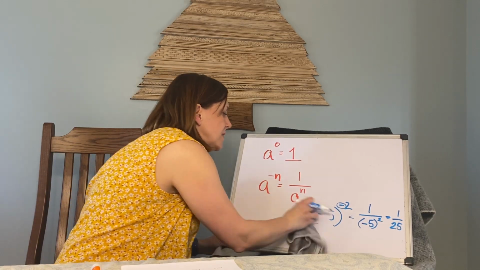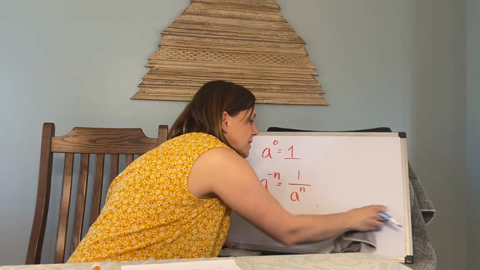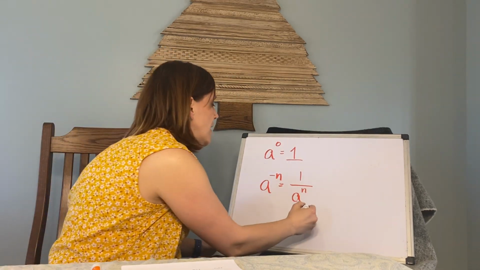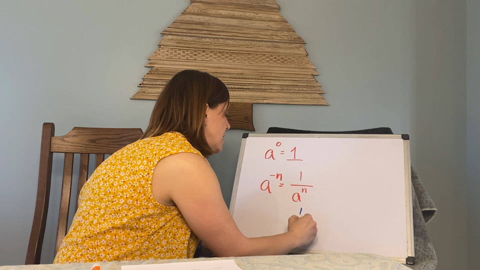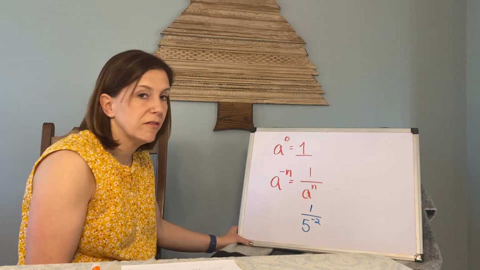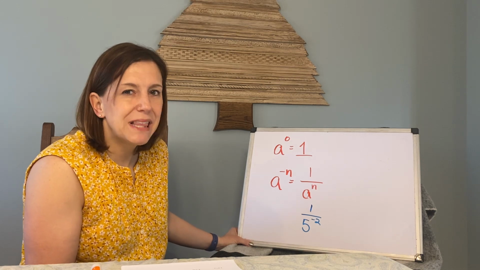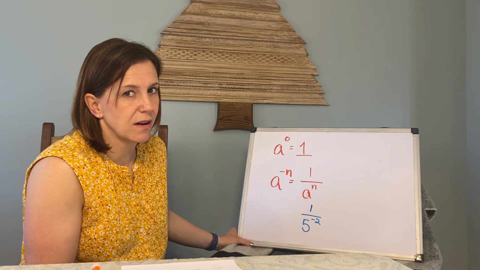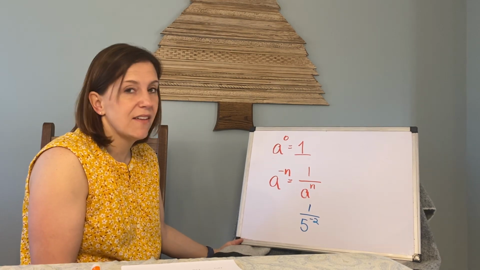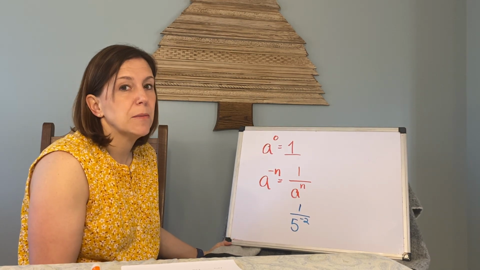We're going to talk about this next one again, but it is worth mentioning a few times. What if I had this situation where I have a negative exponent, but this time it's already in the denominator? Well, what really is happening here is if I have a negative exponent, I am switching it.